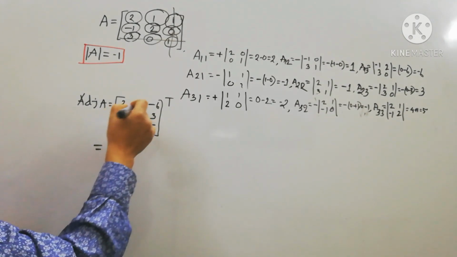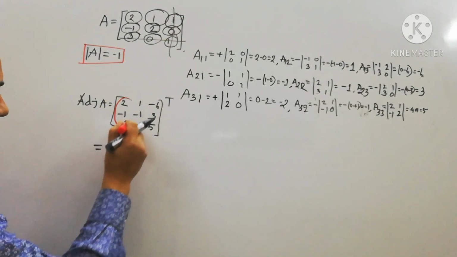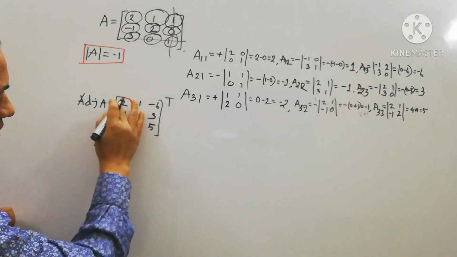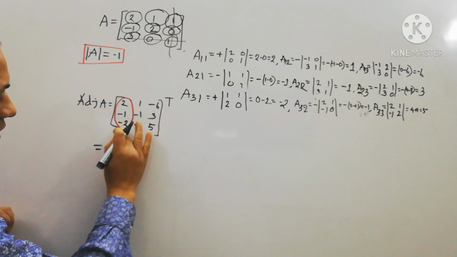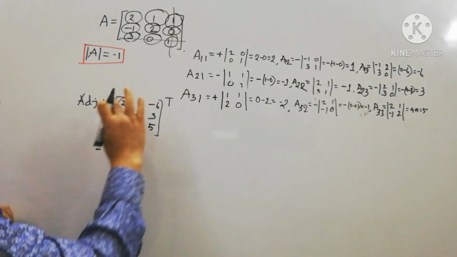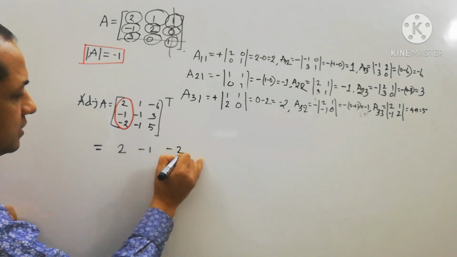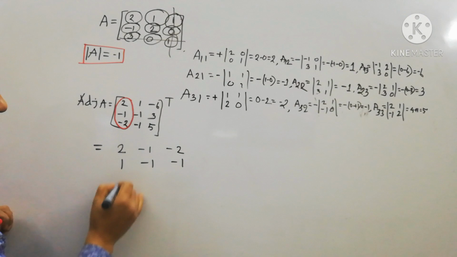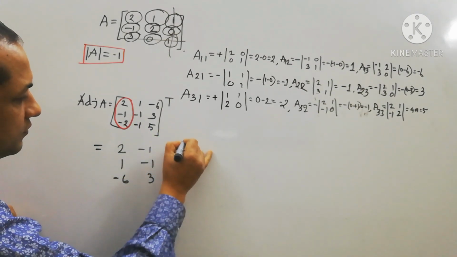Now we interchange the rows and columns. So we can write, columns become rows: 2, minus 1, minus 2, then 1, minus 1, minus 1, then minus 6, 3 and 5.